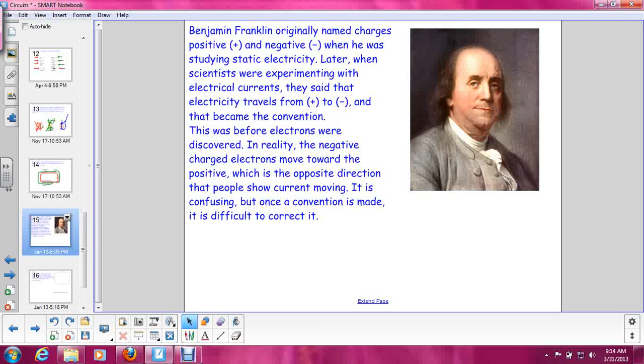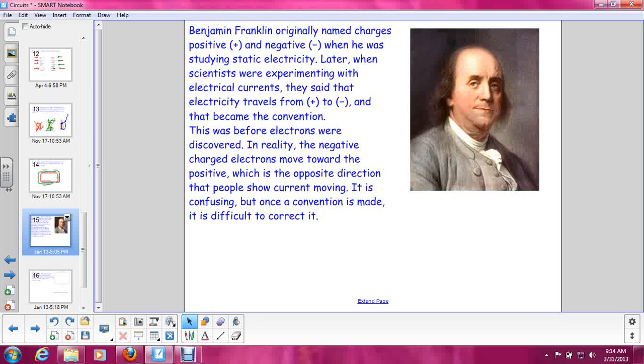This all happened because Benjamin Franklin said, okay, we have two different kinds of charges, positive and negative. Later, when scientists were using circuits, they said, let's just say electricity travels from the positive side to the negative.